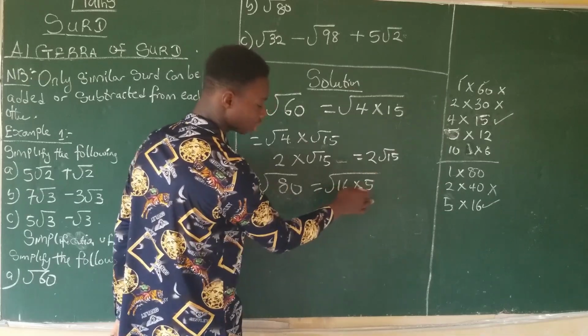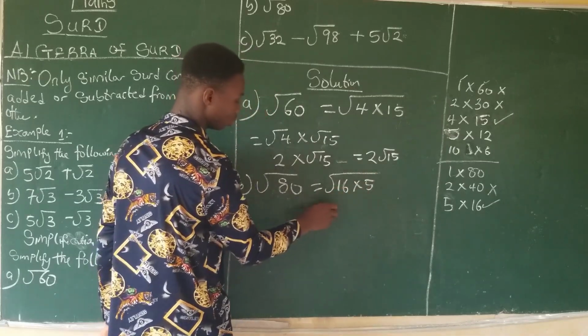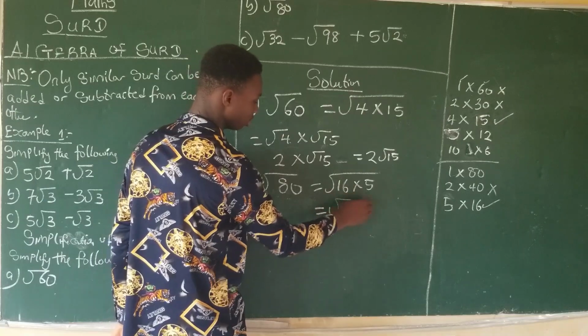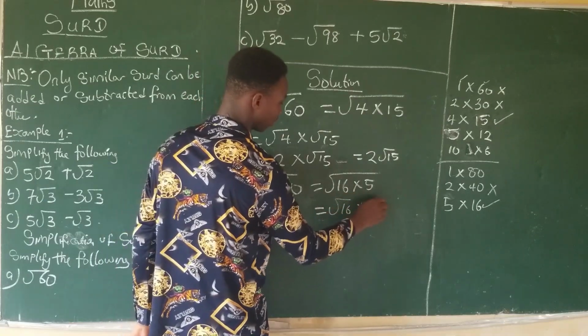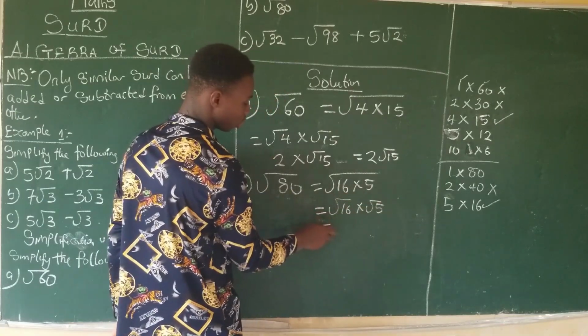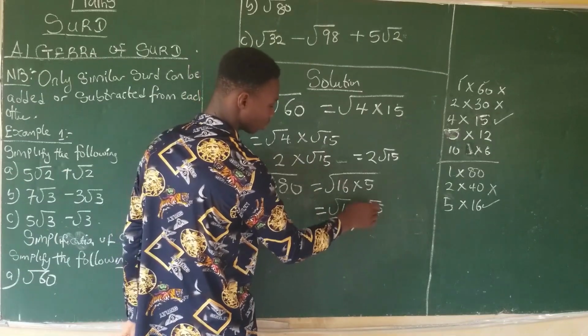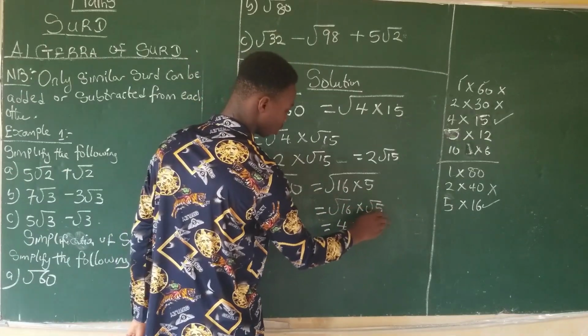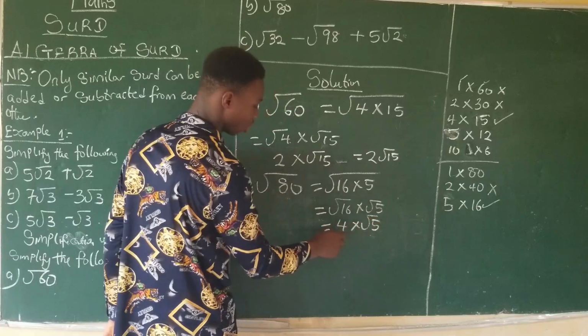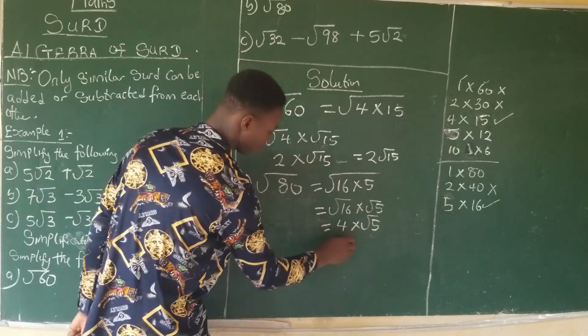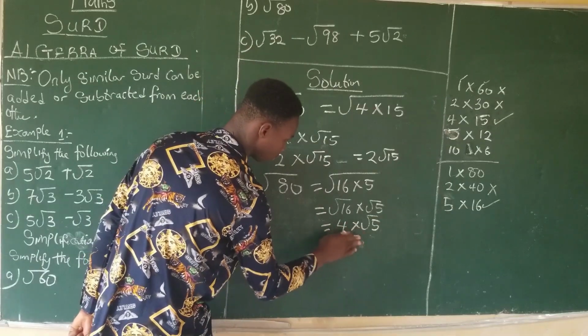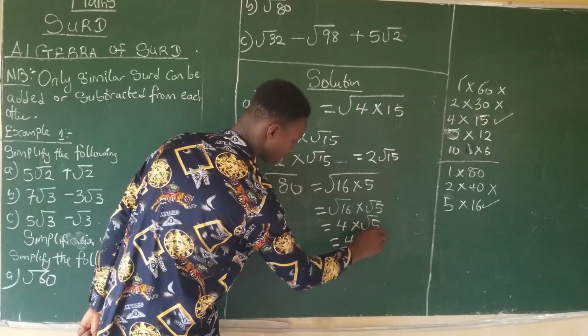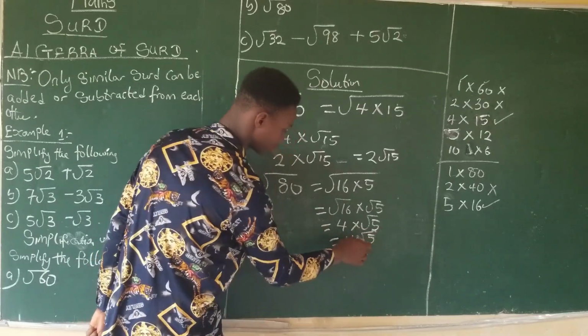From here, separate each of them in a separate root. So it becomes root 16 times root 5. Square root of 16 is 4. Square root of 5 is not possible, so leave it that way. So it becomes 4 root 5 as our final answer for this question.